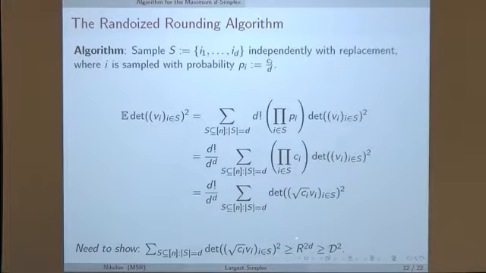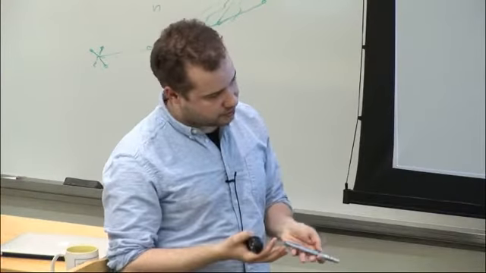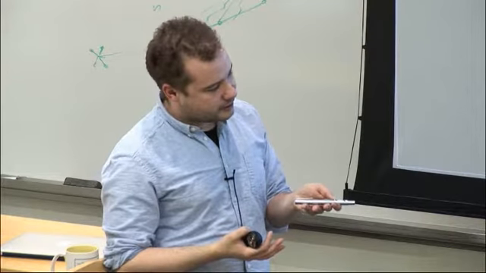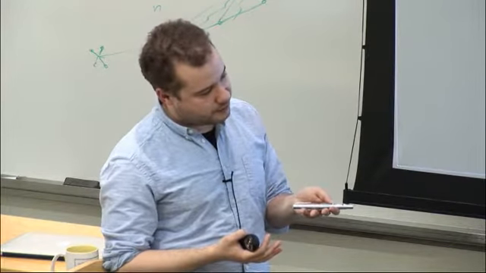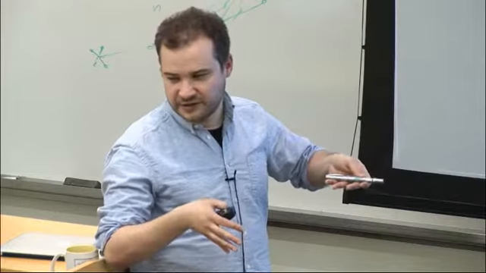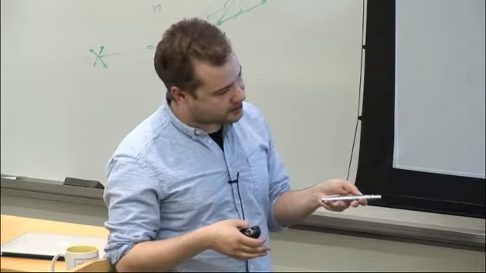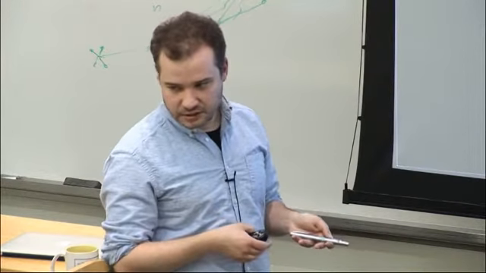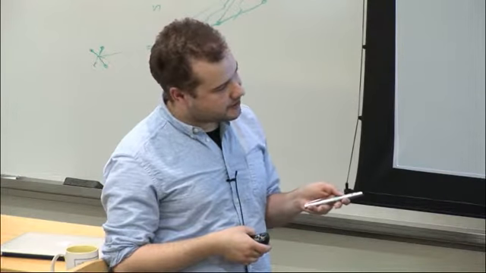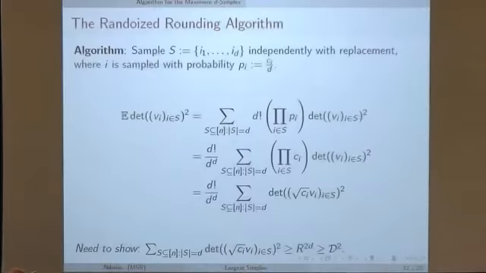My upper bound was this radius of the containing ball to the power D, for the biggest absolute value of the determinant, but I'm squaring everything, so I just added squares on both sides. So this is my approximation factor, and this term I want to show is at least as big as my upper bound of the optimal solution.